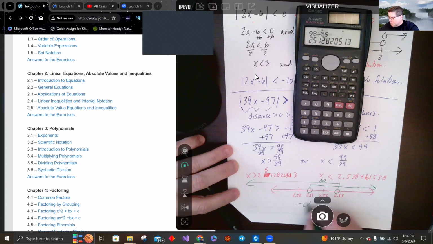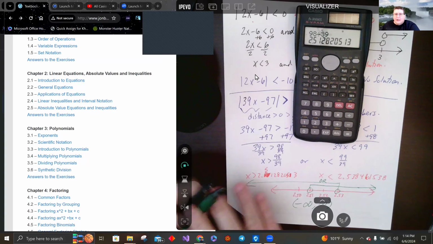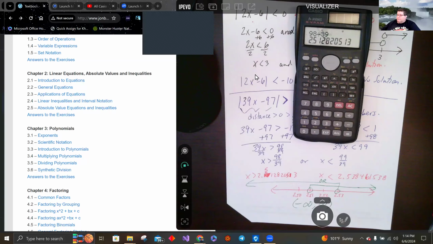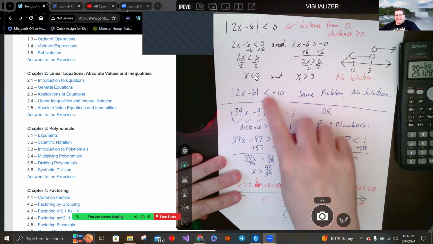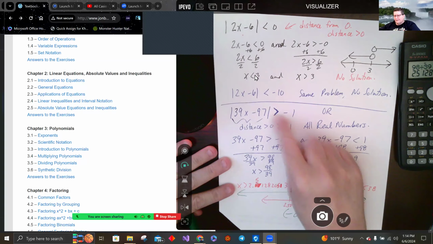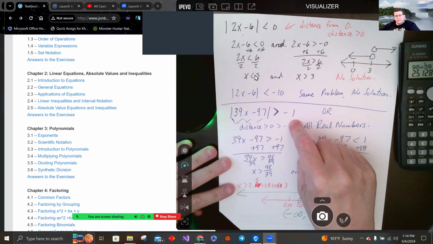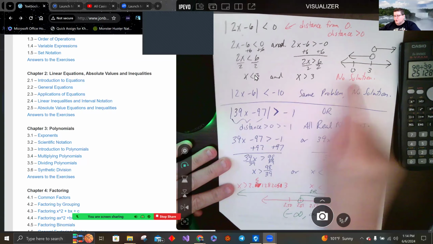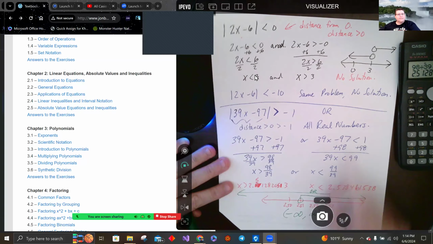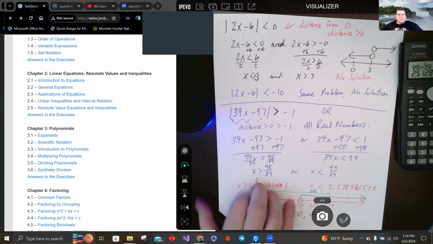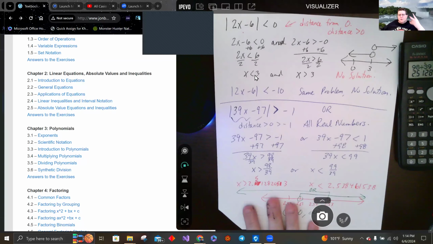So we'll see that it's all real numbers. So less than a negative or greater than a negative either yields no solution or all numbers. Something to be on the lookout for with absolute values. That's it for chapter 2.